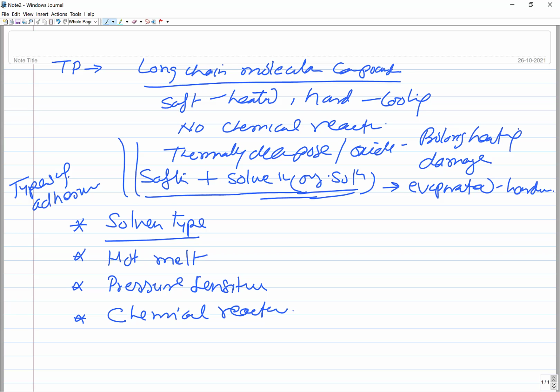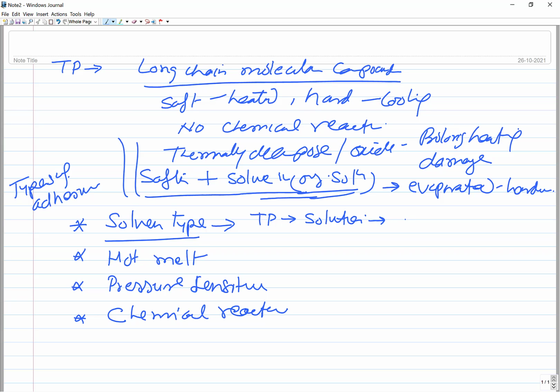Okay, so as far as the first one is concerned, the solvent type of adhesives, here the thermoplastics are produced in the form of a solution.